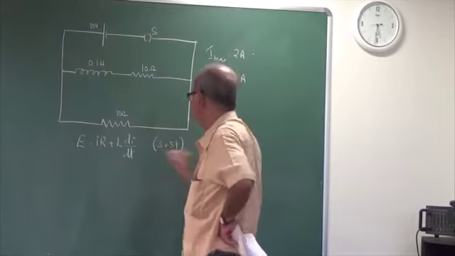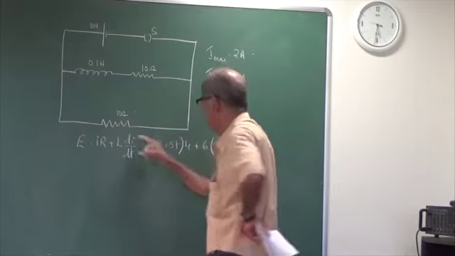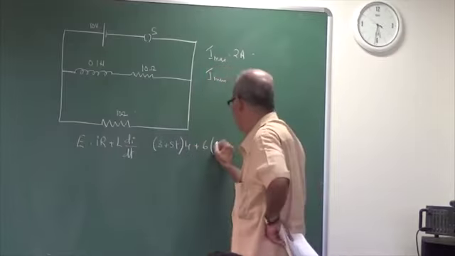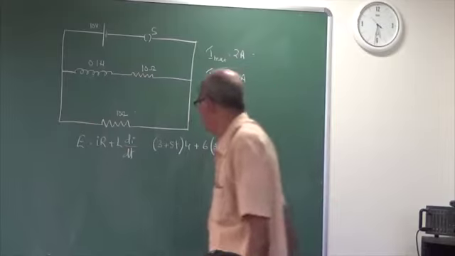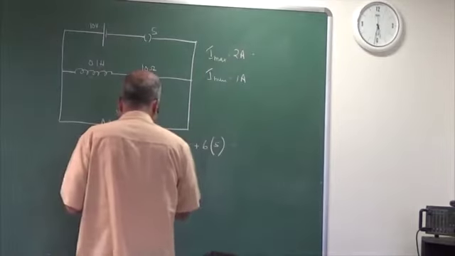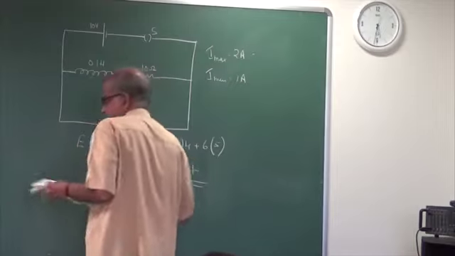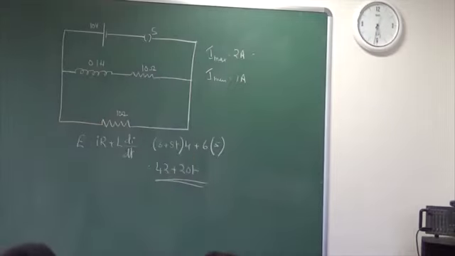R is 4, L is 6. What is di by dt? Di by dt is 5. Clear? Okay, next.